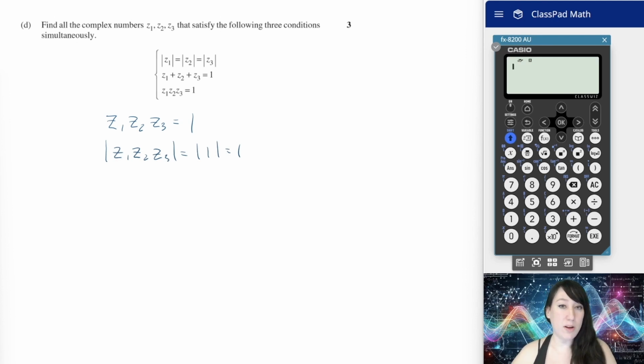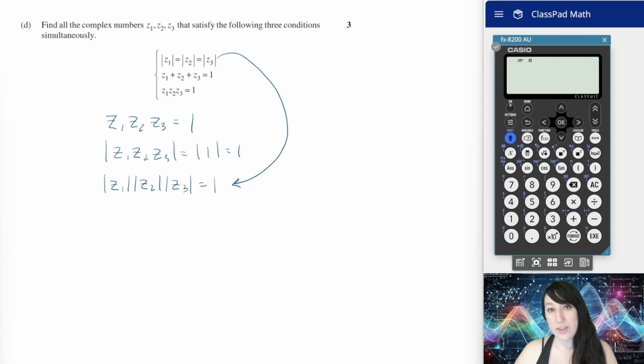And we could split up the modulus over the product of the three complex numbers. That tells us that the product of their moduli is equal to 1. Now the first fact comes in to tell us that all three moduli are equal. And the only way for this to happen then is for the moduli of each of the complex numbers to be 1.